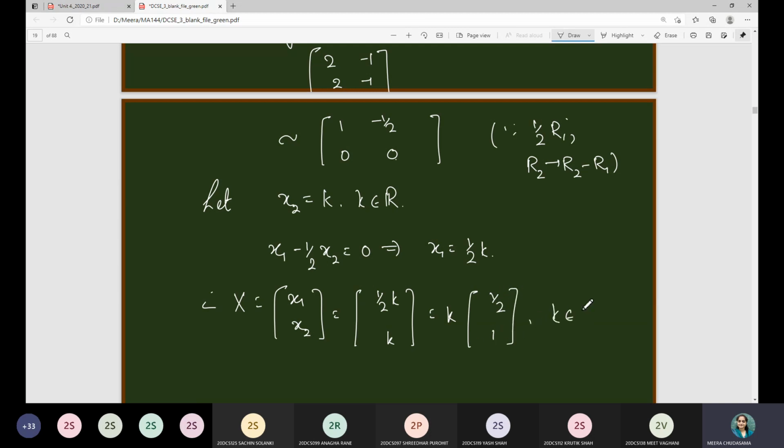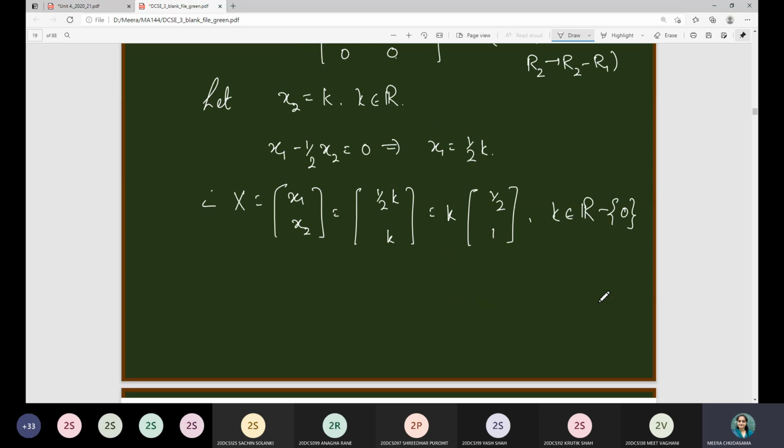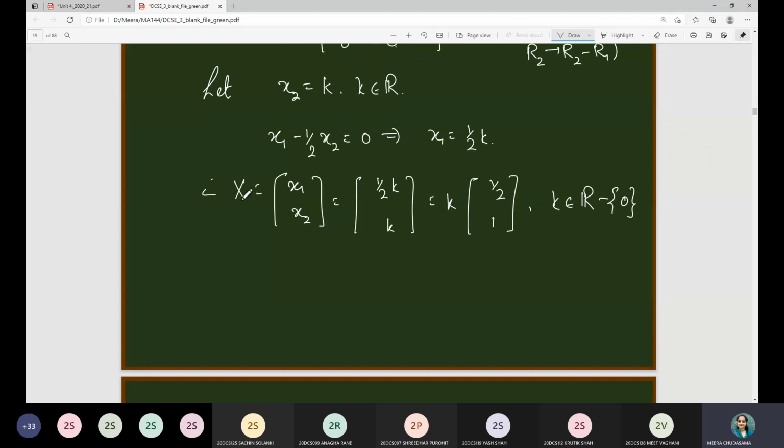So k is any scalar. I cannot consider it as 0, because if I consider it as 0, it will give me the zero vector. So x is a non-zero vector, therefore I can't consider 0. That's why I have eliminated 0 from the real number system. Now this is called the eigenvector corresponding to lambda = -1, in which all scalar multiples of this vector will be eigenvectors.